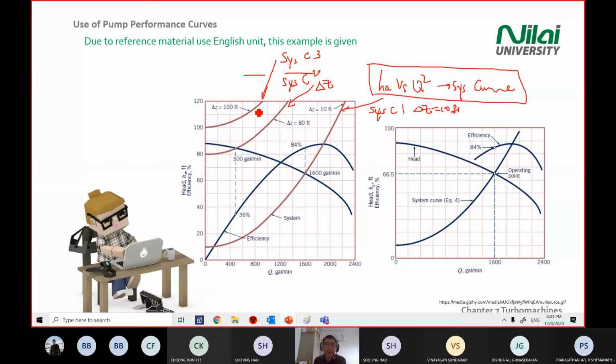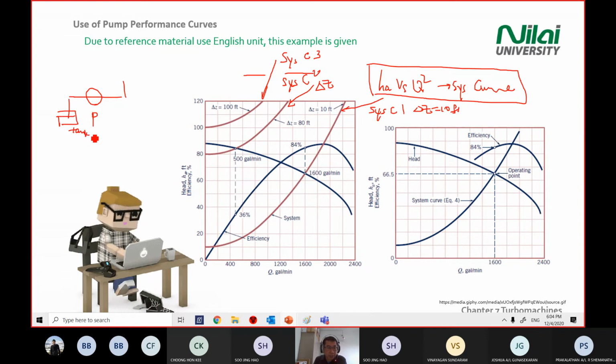So you can see this pump. How do I know whether my system can use this pump or not? This is your pump, and you have 2 points. This is your tank number 1, and this is your tank number 2.